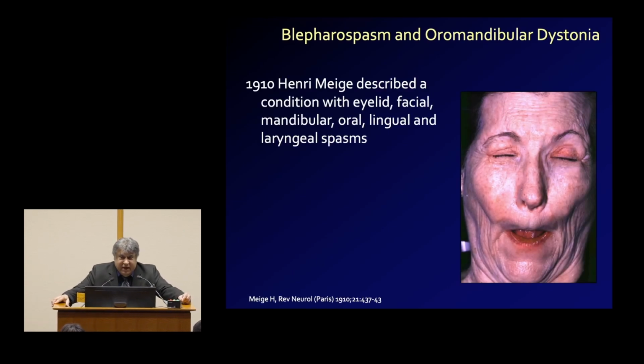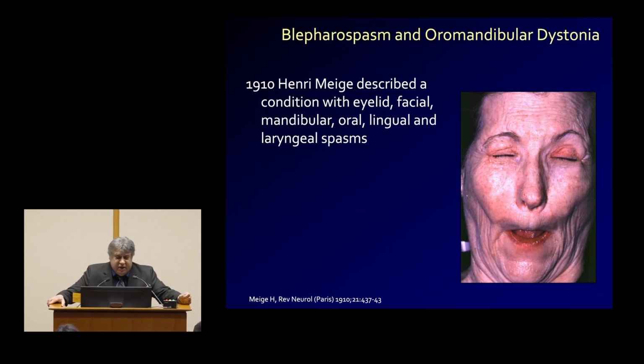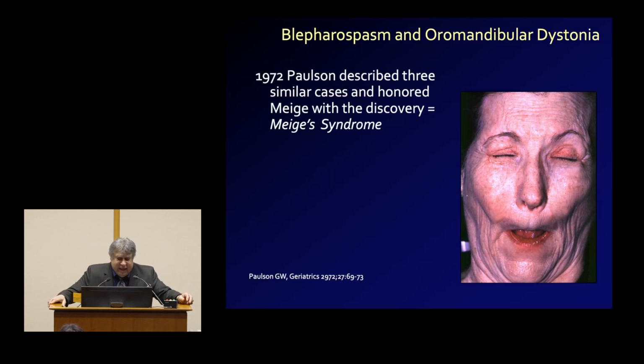You've all heard of Meige syndrome, so I thought I'd include this. In 1910, Henry Meige described a patient who had spasm of the eyelids, the midface, the jaw, the lingual muscle, and the neck, all in one patient. And in 1972, Paulson described 3 more patients with similar characteristics, and he honored Meige by calling this Meige syndrome.